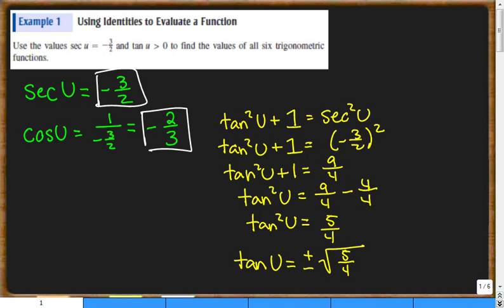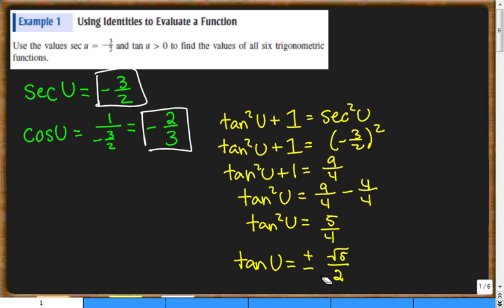First off, there's two things here. First things first, we wouldn't leave this as divided by 4 because the square root of 4 is 2. So I'm going to rewrite this as the square root of 5 over 2, where the square root's only attached to the 5 now. Now it also says at the beginning that tangent has to be positive.